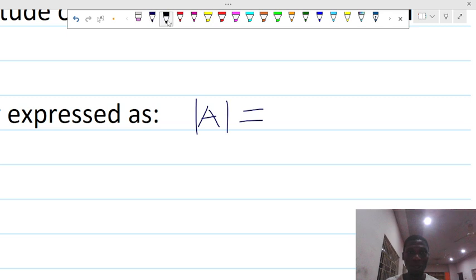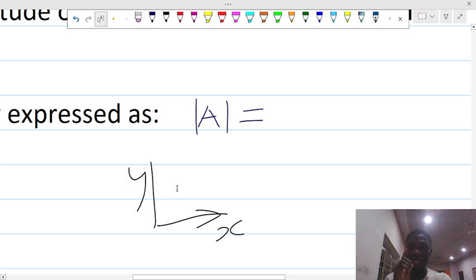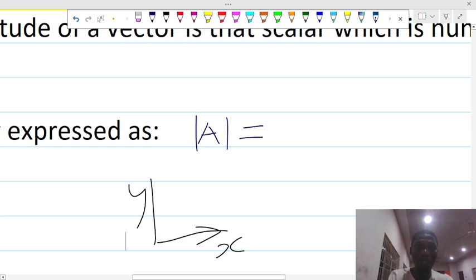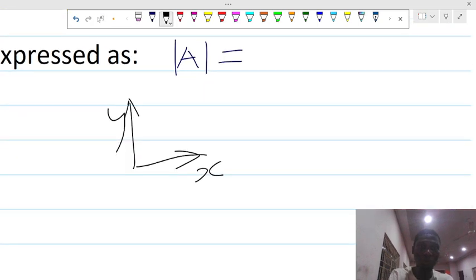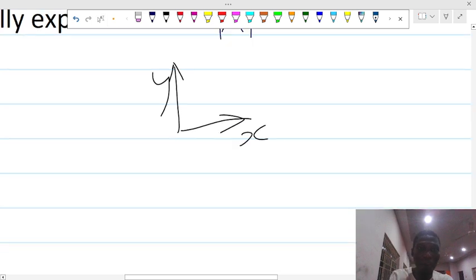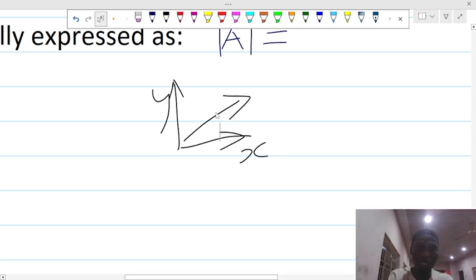If a vector is moving in two-dimensional space, x and y, let's say it's moving like this, this vector will have some part of it as x components, and it also has some y components.